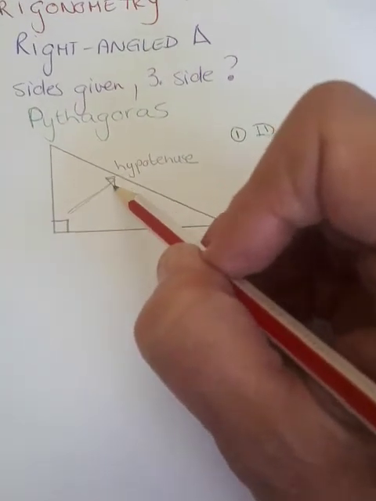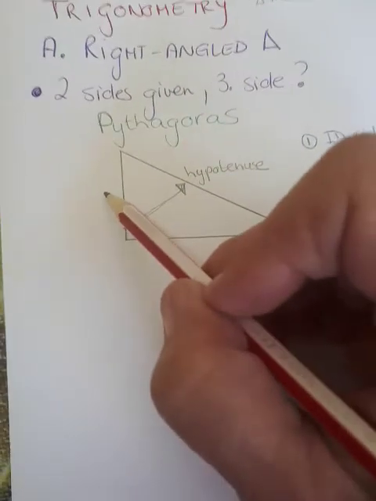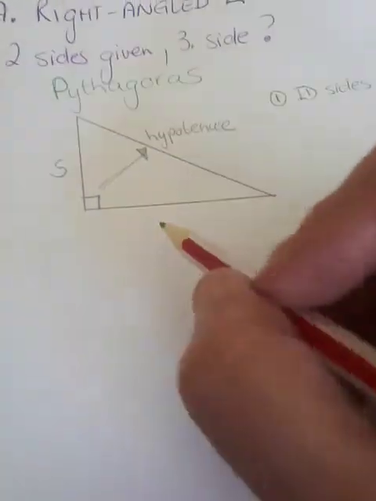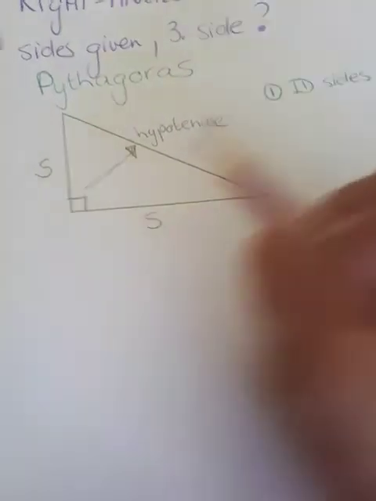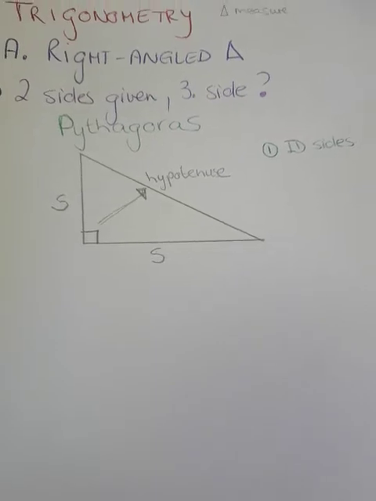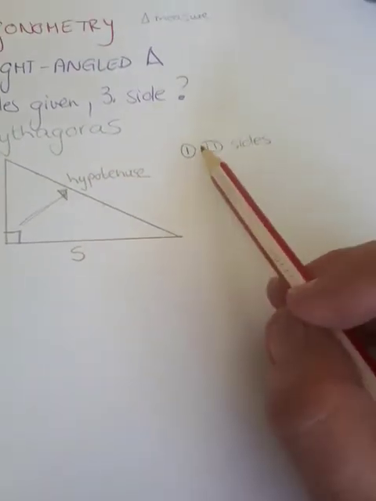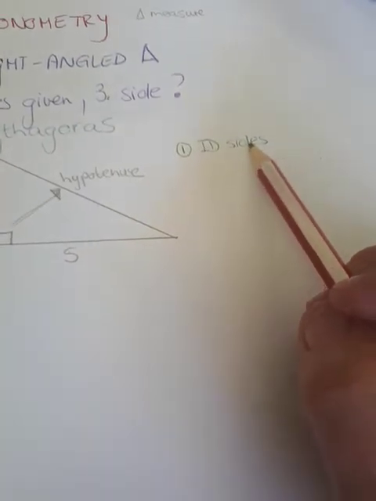That is always the hypotenuse, which is the longest side. Then for Pythagoras, we call the other two sides, which are the shorter sides, just simply sides. Okay, so in step one, in any right angle triangle, we start with the identification of the sides.